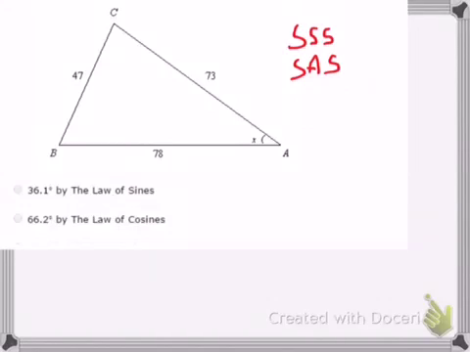But the other cases, the cases that you will look at in geometry, if you're given two sides or three sides, we're always going to use the law of cosines.